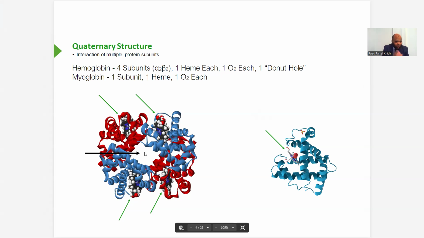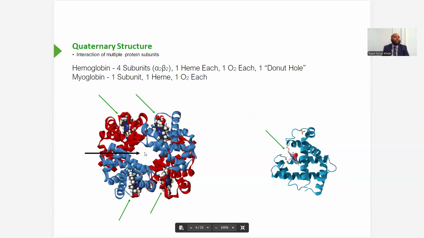But the difference is right here. Hemoglobin is quaternary. It has 4 subunits: 2 alpha, blue, and 2 beta, red. On each subunit, you have a heme group, ferrous, Fe2+. That is the seat of the oxygen. The oxygen sits on the heme group, and the heme group is on the subunit.